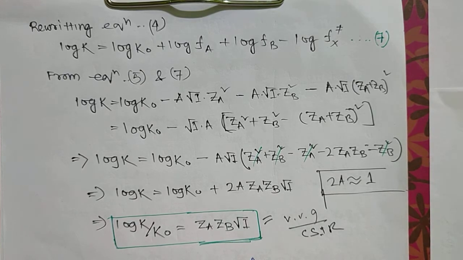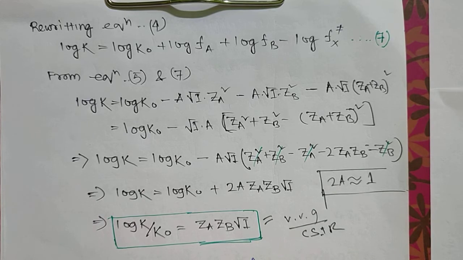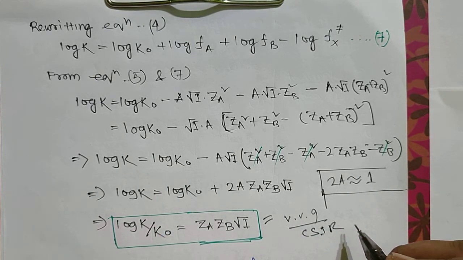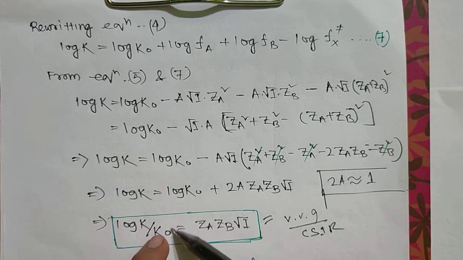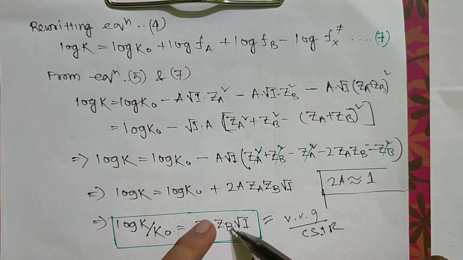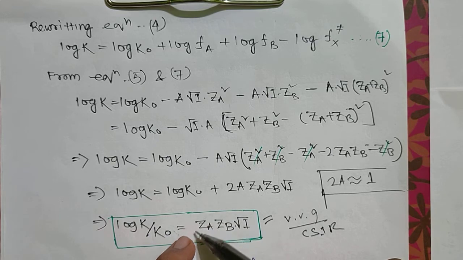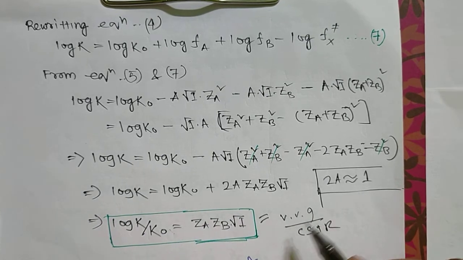Okay, and so it shows what is the physical significance of this equation, that the rate constant k depends on za zb. Suppose za zb is constant, in that case it is directly proportional to root I. So log k increases means k increases.